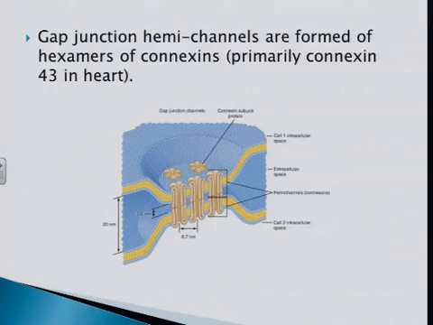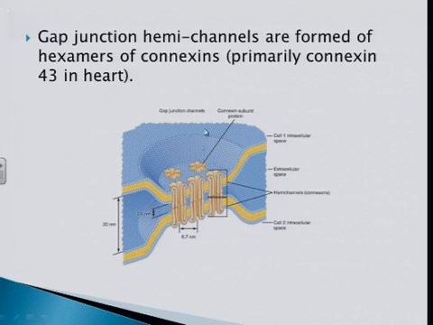Connexin is the name of a protein, and in the heart, it's primarily connexin 43. In other tissues, there are a lot of other connexins of differing lengths. That's how it gets 43. It's 43 kilodaltons in size. But the actual protein itself that forms the channel is much, much larger.